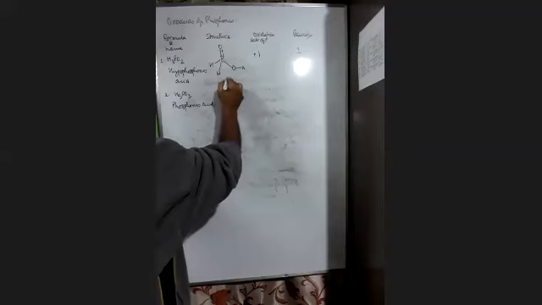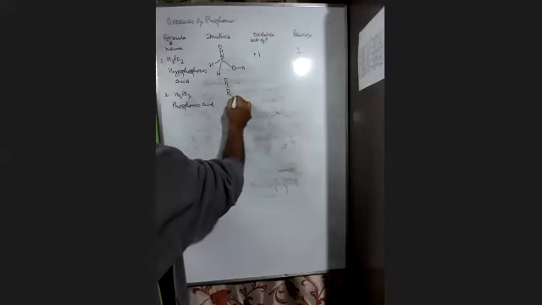H3PO3. This is called phosphorus acid. So again, I'll draw the formula. I'll write P. I'll put phosphorus oxygen double bond, and I'll put one OH. Okay. So out of 3 oxygen, 2 I have already written.